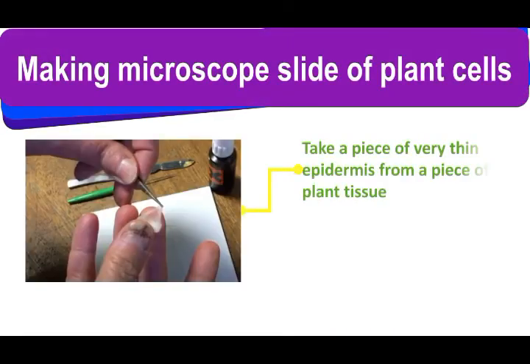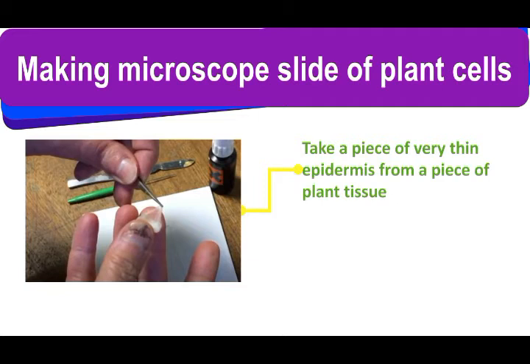And then next we talk about making a microscope slide of plant cells. We can use onion cells. It's really easy to use onion cells to make a microscope slide of plant cells. The first step is to take a piece of very thin epidermis from a piece of plant tissue.